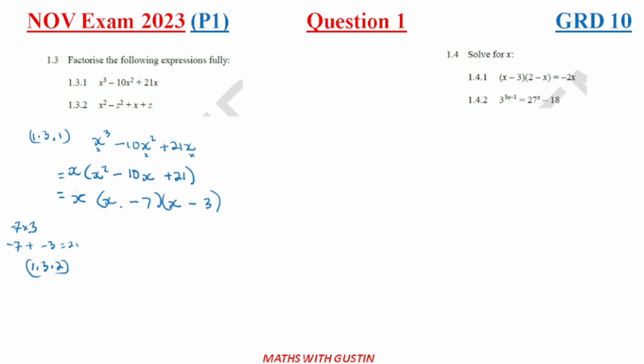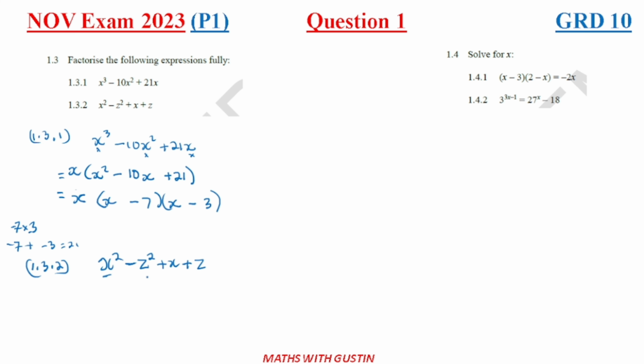All right, so let's have a look at 1.3.2, which is x squared minus z squared plus x plus z. Okay, great stuff. So now let's see how you deal with a question like this one here. You have a look at this part here.